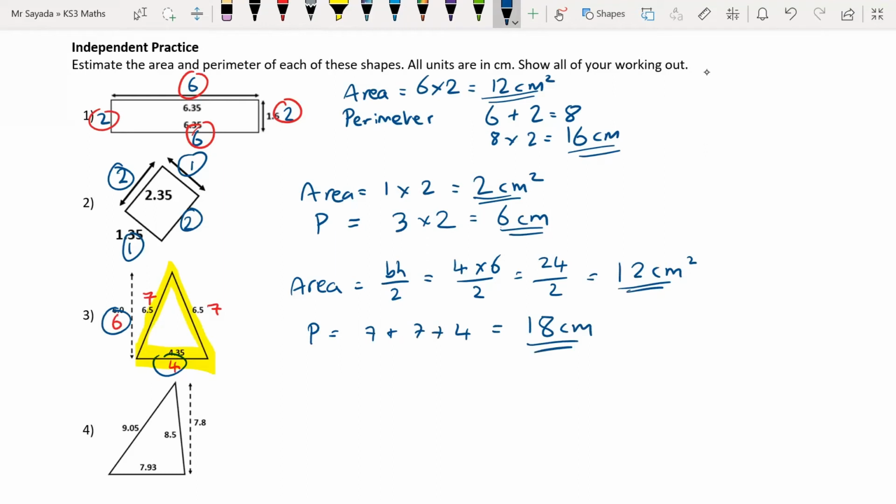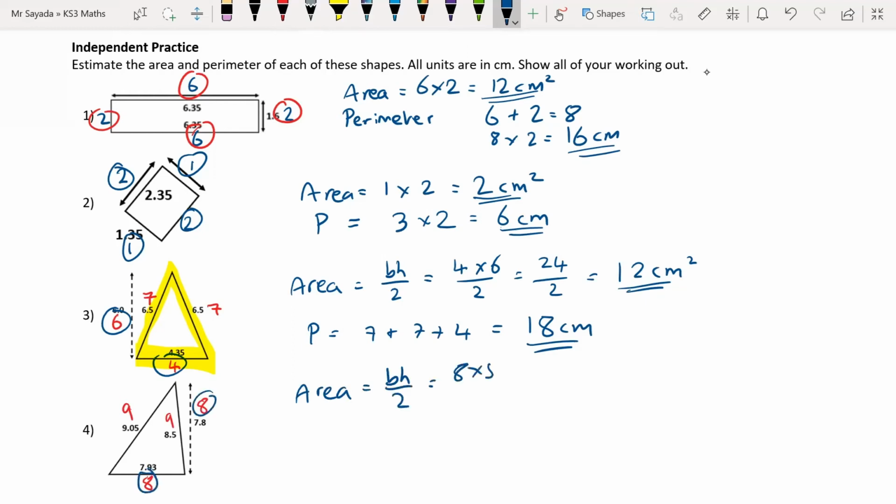Finally, the last example. So we firstly round each number to the nearest integer. So 9.05 becomes 9, 7.93 becomes 8, 8.5 becomes 9, and 7.8 becomes 8. So we start to work out the area as base times height over 2. The base here is 8 and the height is also 8.